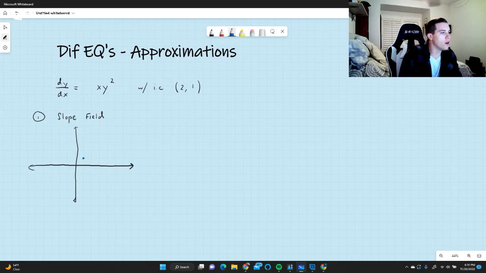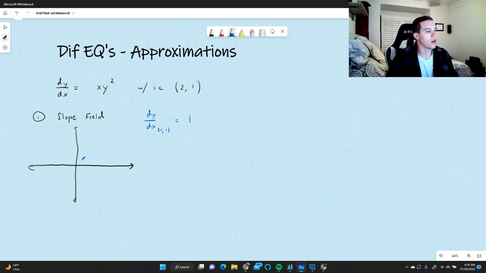If you plug (1, 1) into the derivative, so dy over dx at the coordinate (1, 1), you would get 1 times 1, which is 1, which means if the curve goes through (1, 1), it has a slope of 1. And how does that look? A slope of 1 is like rise 1, run 1. So we draw a little piece of the curve that has a slope of 1. That's the idea behind a slope field. And you just do that for as many points as it asks you to.